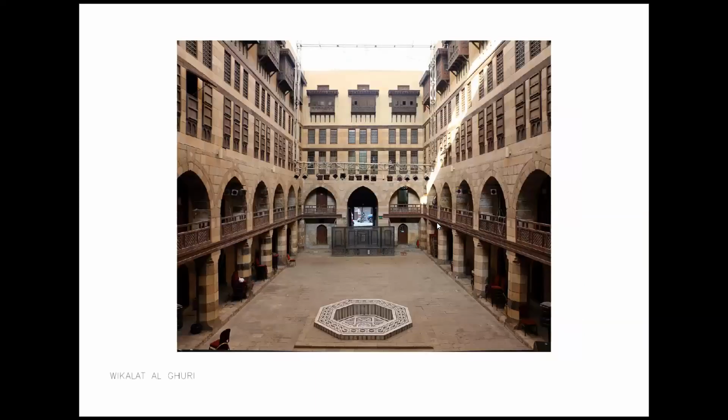Wikalat al-Ghuri is another kind of passive design in historical architecture. We can see that they use courtyards, they use mashrabiyya, and also shaded zones that give very good ventilation for environmental comfort in the house.